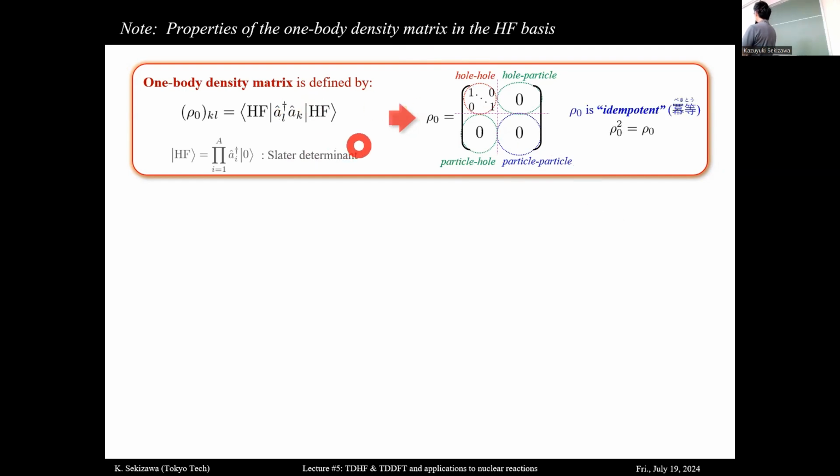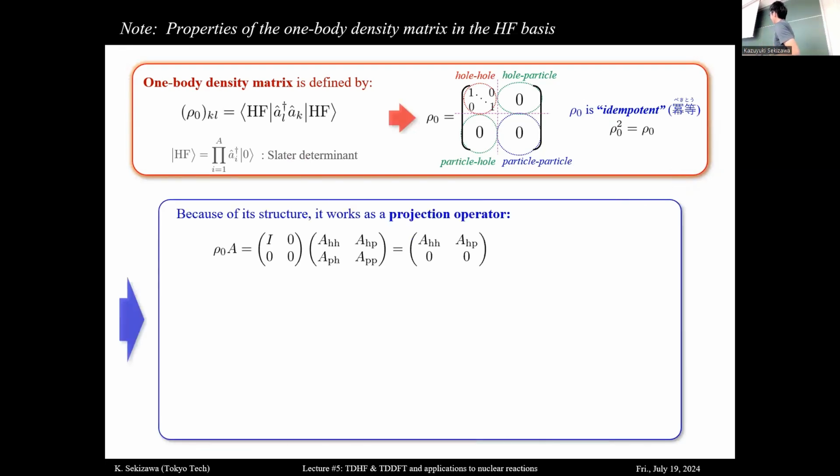It has a peculiar property, the so-called idempotent property: rho 0 squared is rho 0. Since it has this particular structure, this one-body density matrix can act like a projection operator.